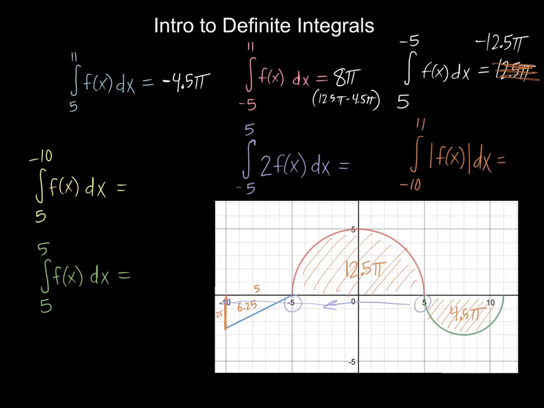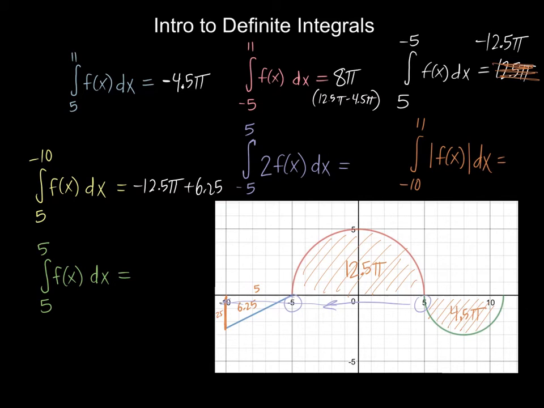So from 5 to negative 10, I'm going to get negative 12.5 pi, which we had on the last problem, and then I'm going to add to that 6.25. And you might say, well, that's below. Why is it not negative? Well, it's not negative because it's below, and I'm also moving right to left. Two negatives make a positive in this case.